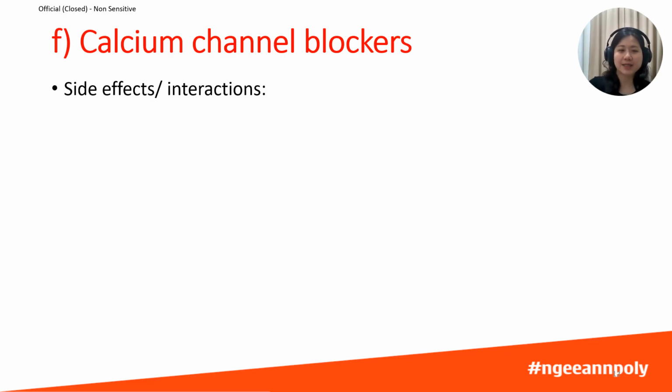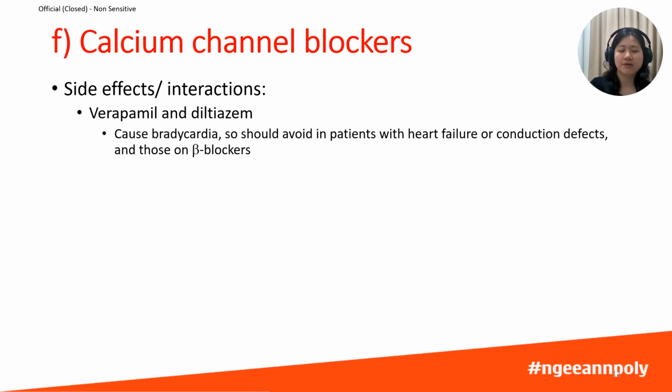Let's take a look at the side effects and interactions of calcium channel blockers. Verapamil and diltiazem can cause bradycardia, which is slow heart rate. So they should be avoided in patients who have heart failure or conduction defects in the heart, as well as those on beta blockers, because beta blockers can also cause bradycardia.